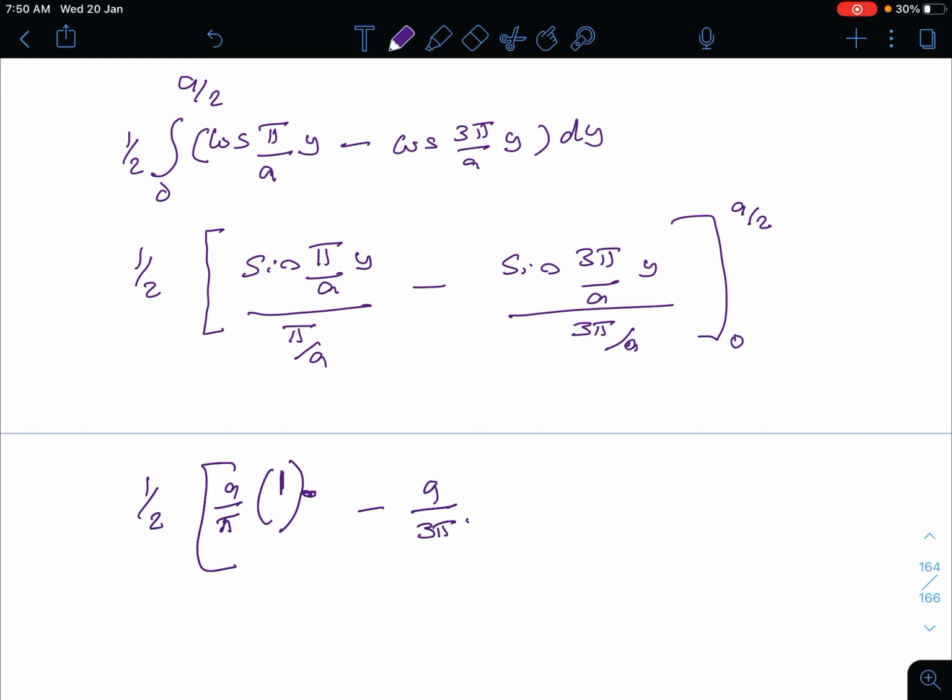Sine 3 pi by 2 is minus 1. So this is plus.